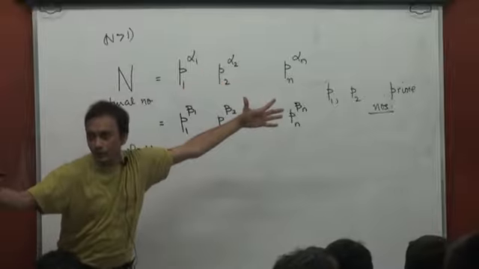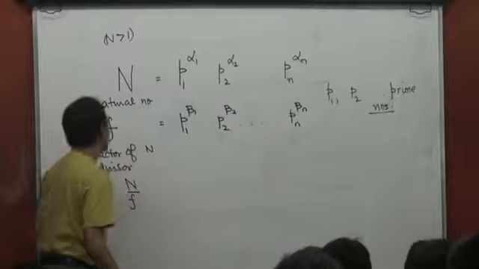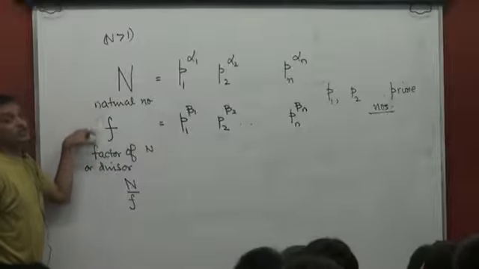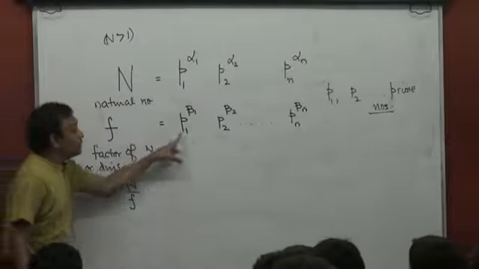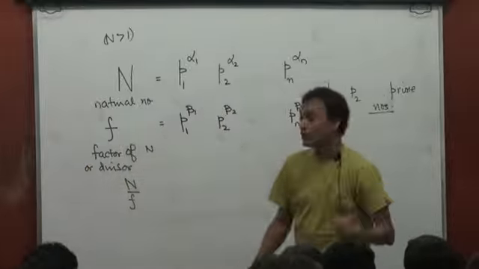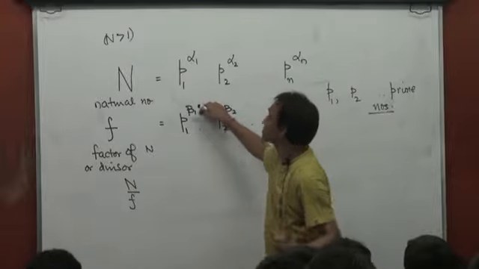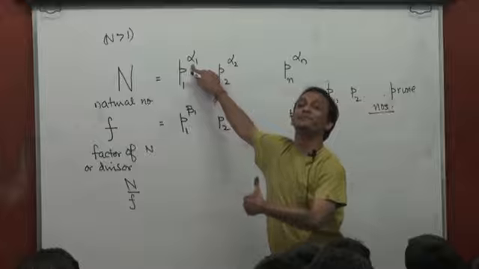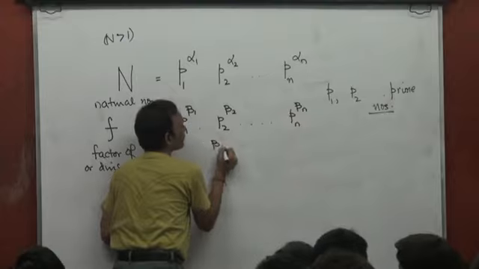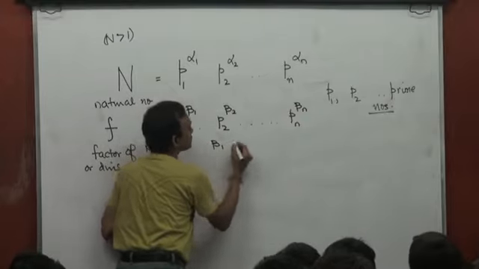Yes or no? Right? And so on and so forth. So then, if f is a factor of n, then it should have the same prime factors as n, and should be raised to powers not exceeding the corresponding powers prevalent in n.